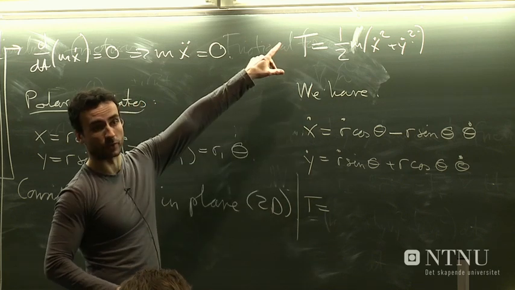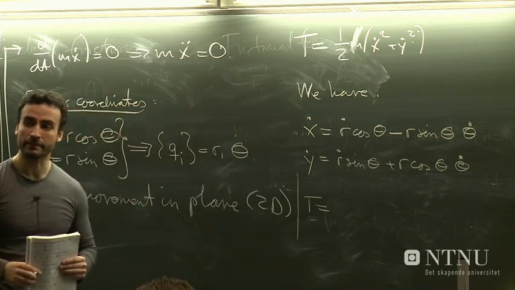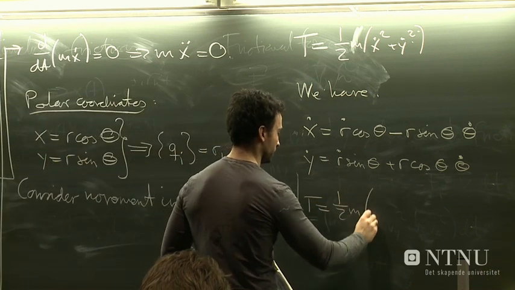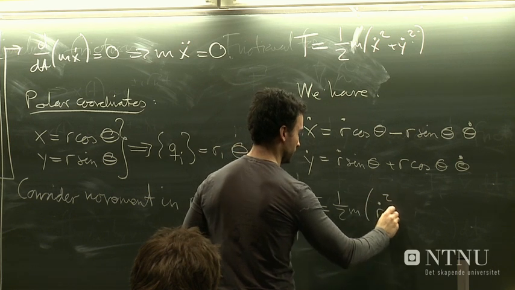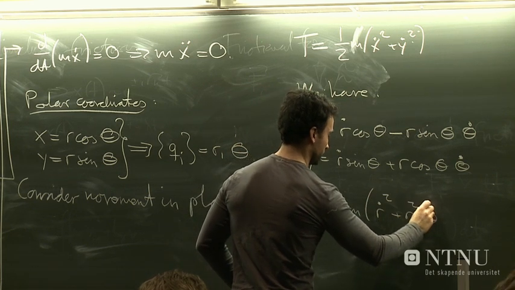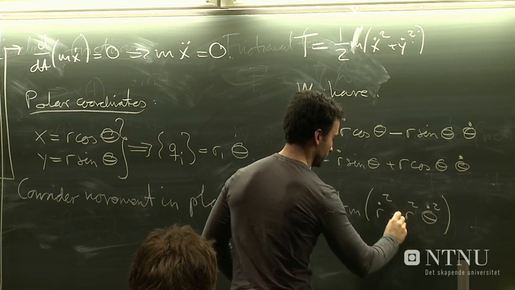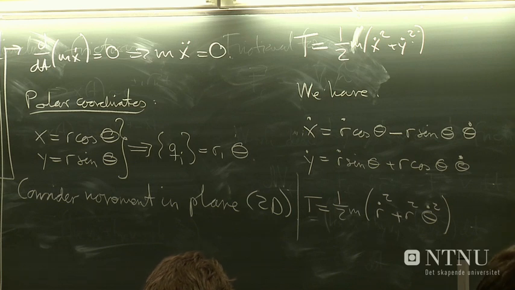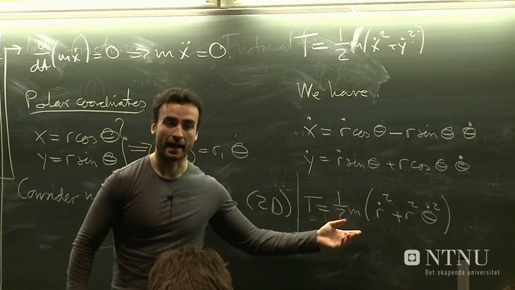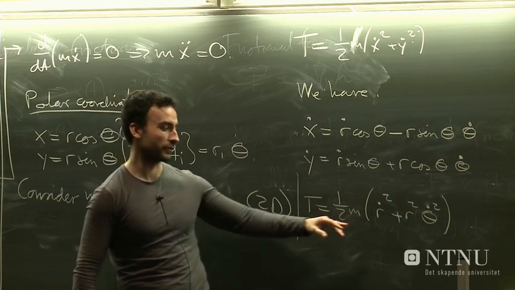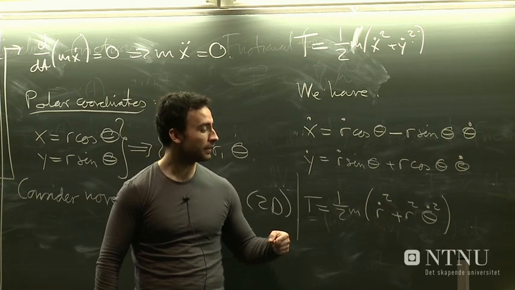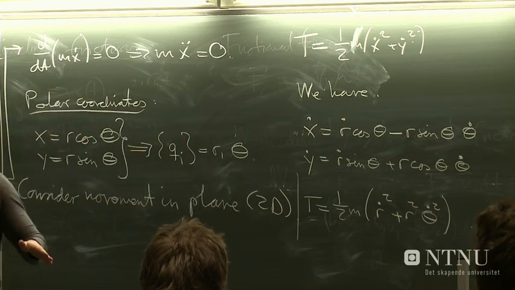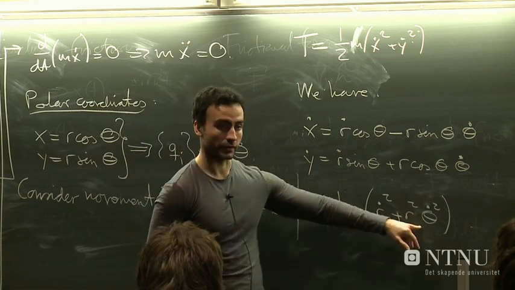And we insert this into our expression for the kinetic energy, and find this. So we see that the kinetic energy actually consists of 2 parts. It consists of the velocity in the radial direction, and also the velocity associated with any angular motion due to this theta dot term.